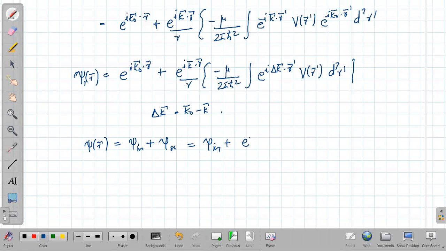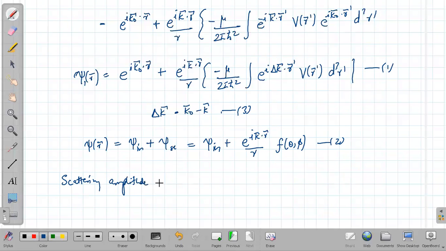The scattered wave function is usually a spherical wave e raised to i k dot r by r, and there will be a scattering amplitude f of theta phi. So if you compare the total wave function with this, by comparing equation number 1 and equation number 2, we can identify the structural form of the scattering amplitude.